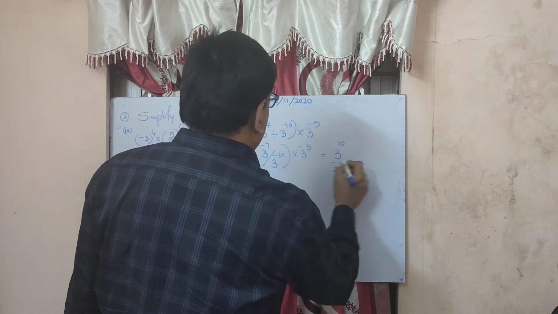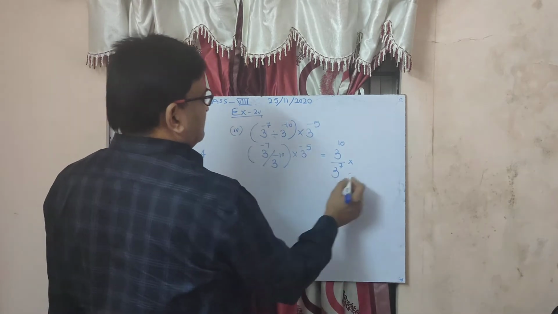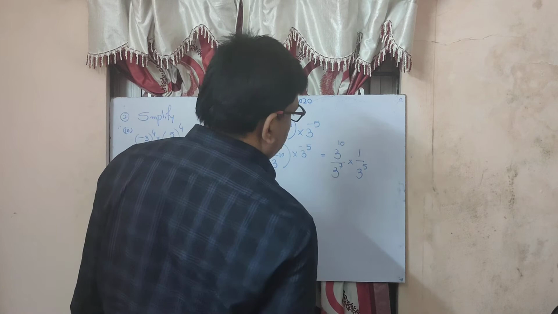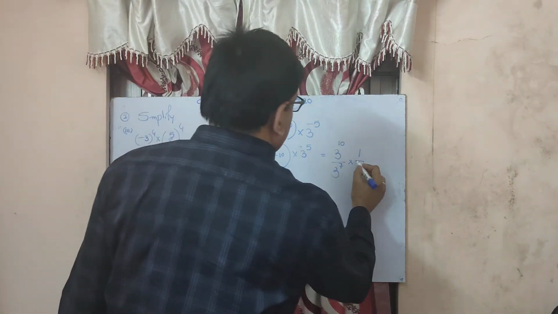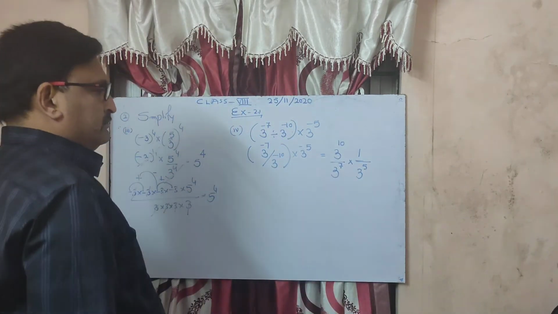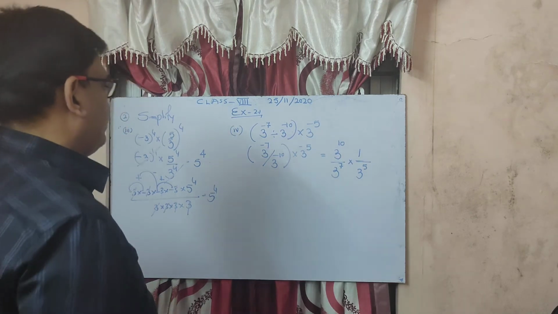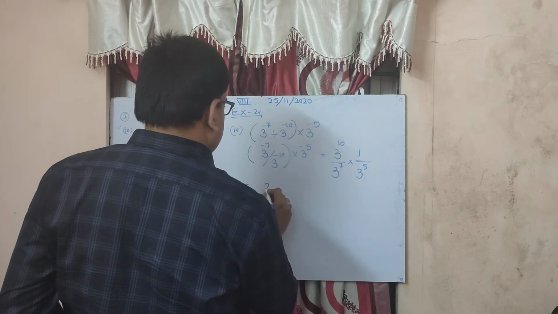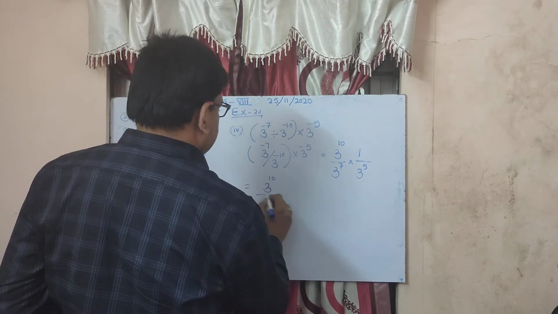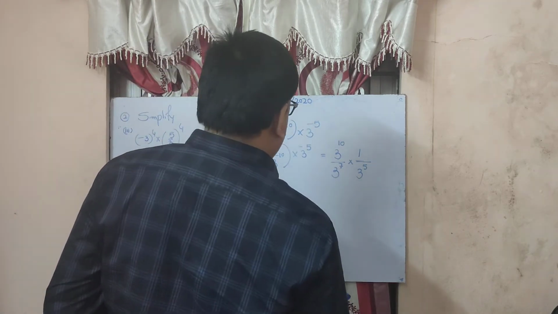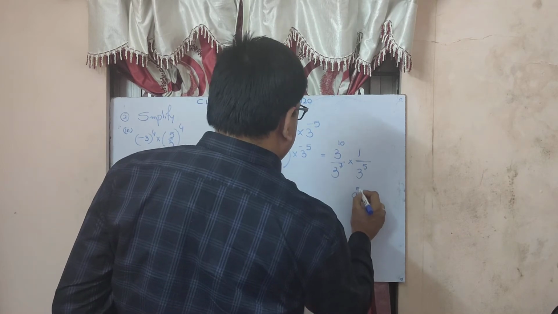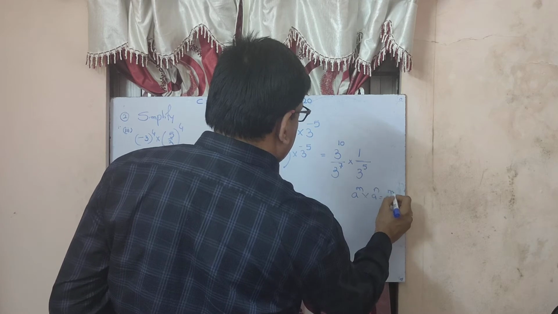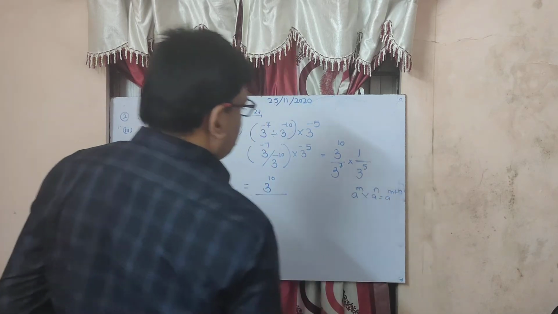Now into. Now here again it is a minus sign. So just what you do? 3 to the power 5. The minus is gone now. Now 3 to the power 10 as it is. Now you know the formula, that is a to the power m into a to the power n is equal to a to the power m plus n according to the law.